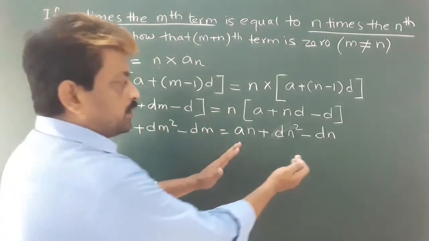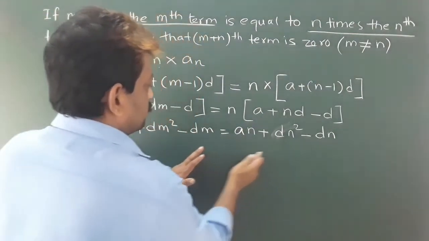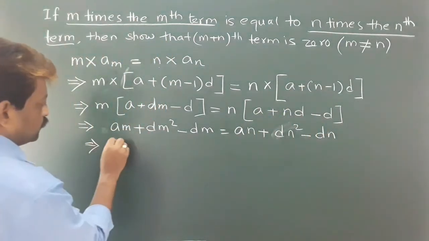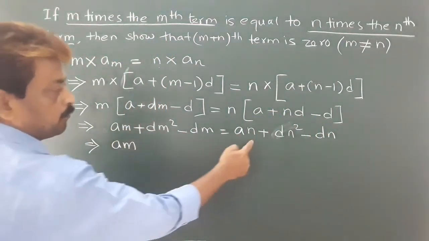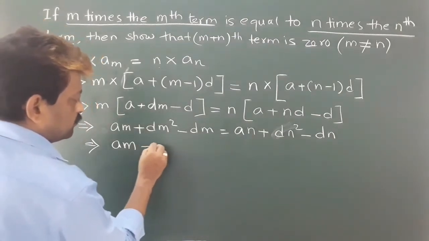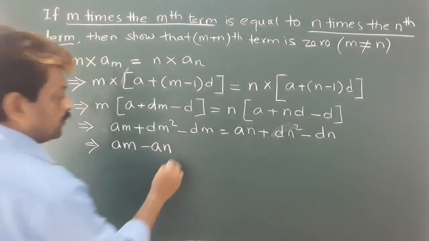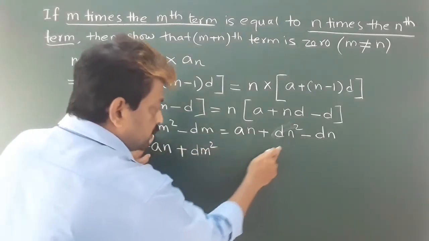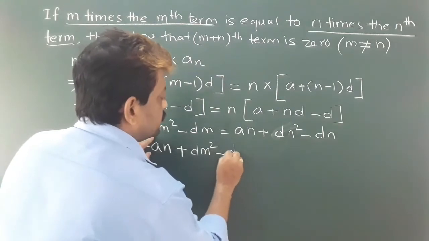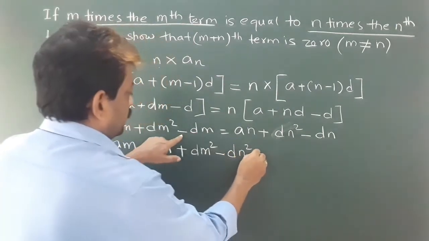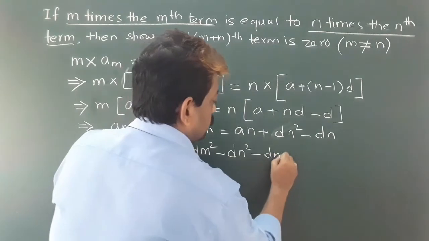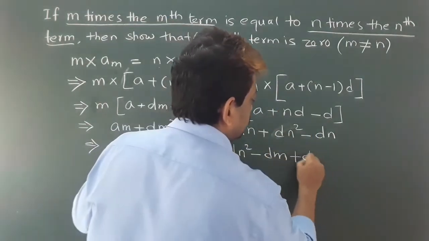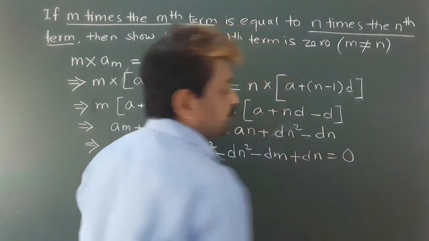Now let me take all the things to the left hand side, making the right hand side 0. So am minus an will become to the left hand side, dn square will come to the left hand side and it will become minus, so minus dn square, then minus dm will go to the left hand side and it will become plus dn, and the right hand side will become 0.